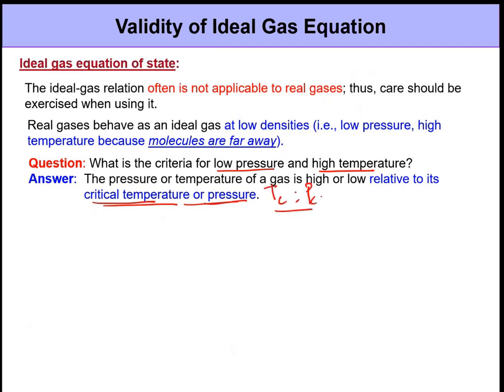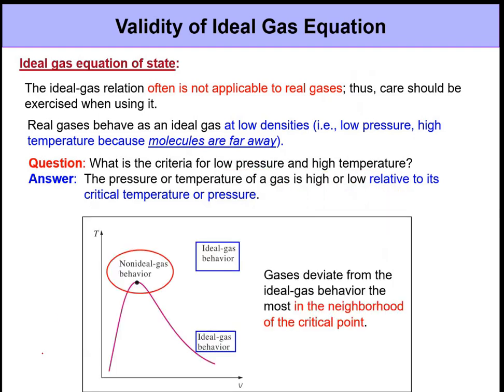We know that critical temperature and pressure are the point where the saturated liquid and vapor lines meet. This is something we did in the first part of chapter 2. The temperature there is Tc, and the pressure at that point is Pc.